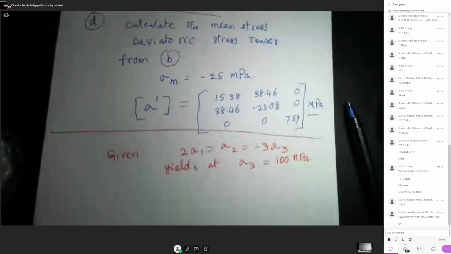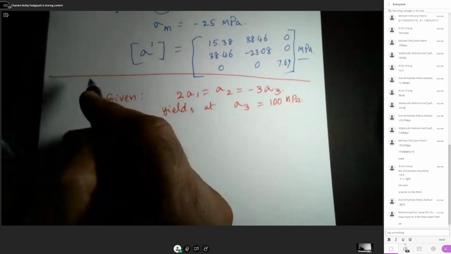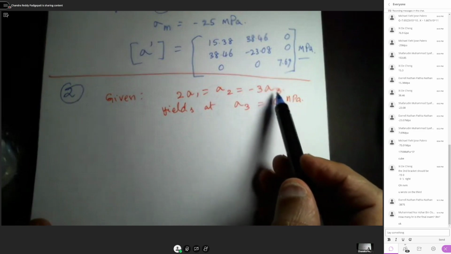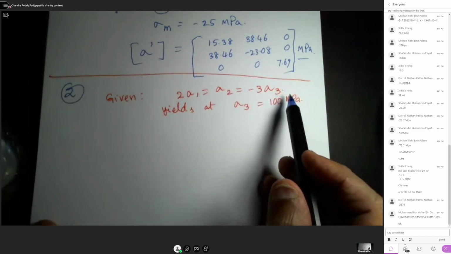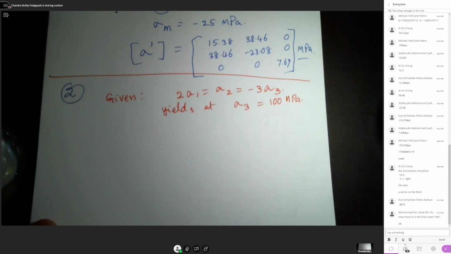All right, so I go to the camera. This is the information given. 2 sigma 1 is equal to sigma 2 is equal to negative 3 sigma 3. And yielding occurs when sigma 3 is equal to 100 megapascals.